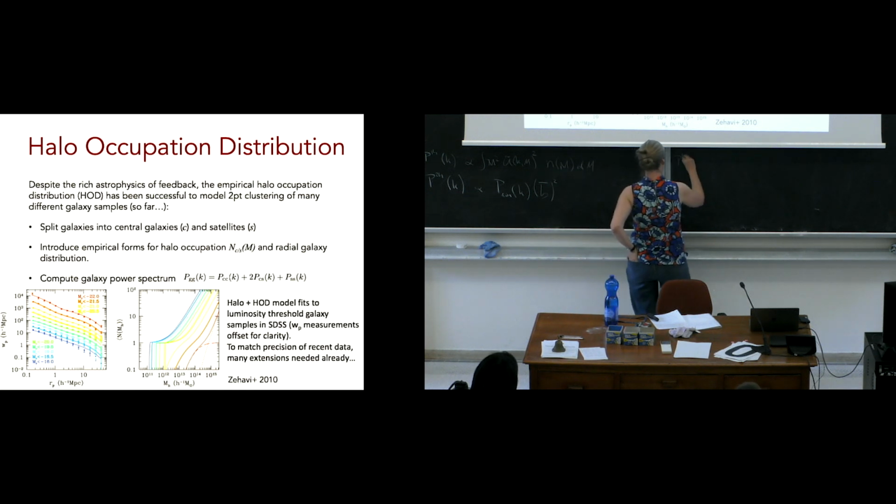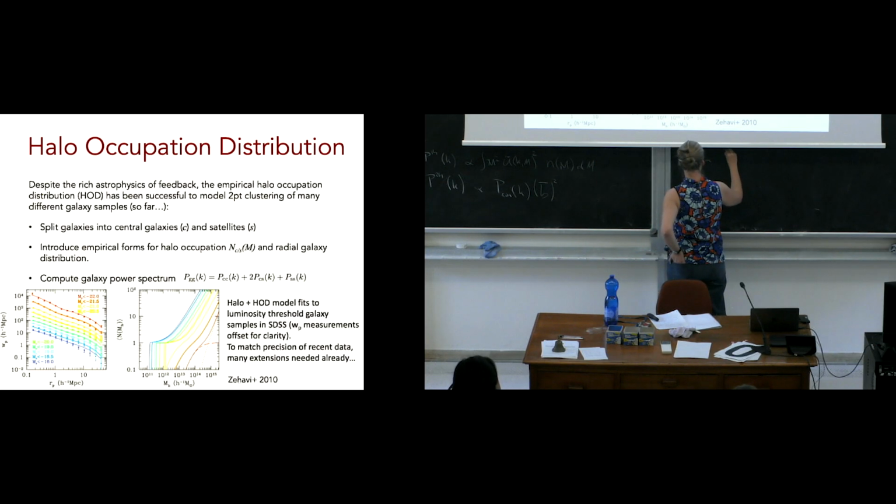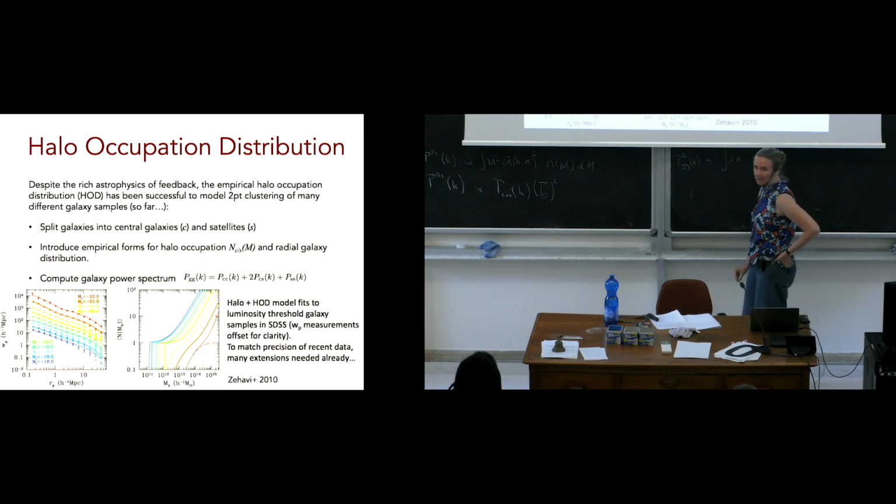But so let's rewrite the one halo term of galaxies. I'll leave out the normalization. We'll have our integral over mass. And instead of m squared, now we need the number of galaxy pairs.